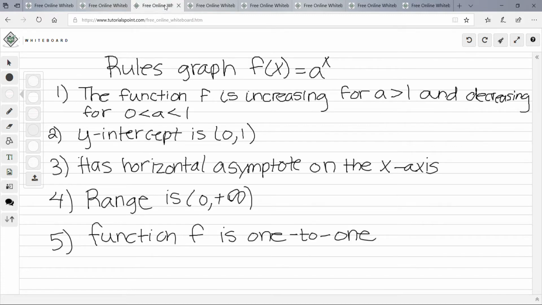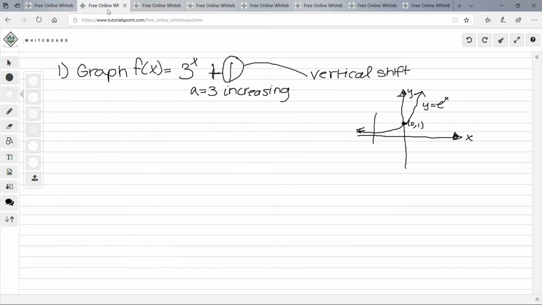So yes, we've done that. Okay, good. So this is your typical exponential function. The difference is we have a vertical shift, not a phase shift. So our graph is going to look something like this.